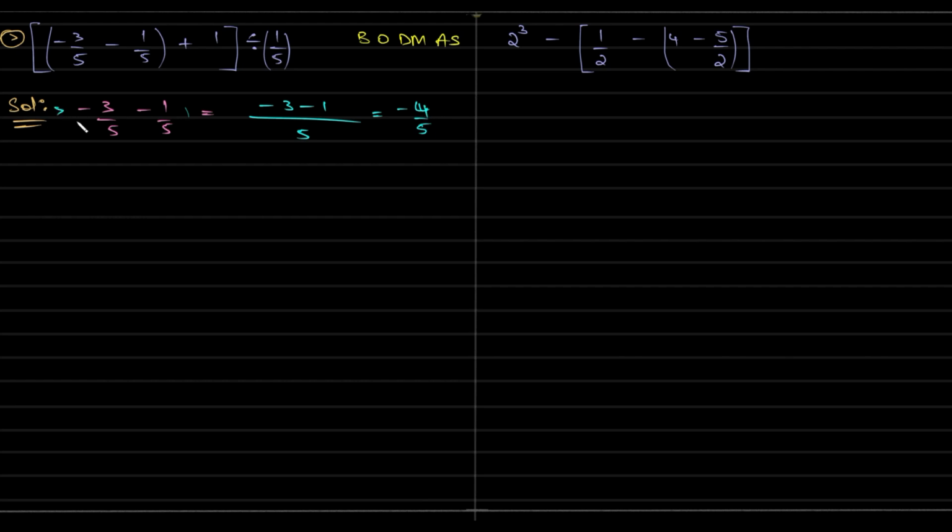Now take the square brackets. So just copy it. Always copy the question before showing what the result of that is, right? You can't just write something. You need to copy the question. So in place of this, I'm going to write negative 4 by 5 plus 1.